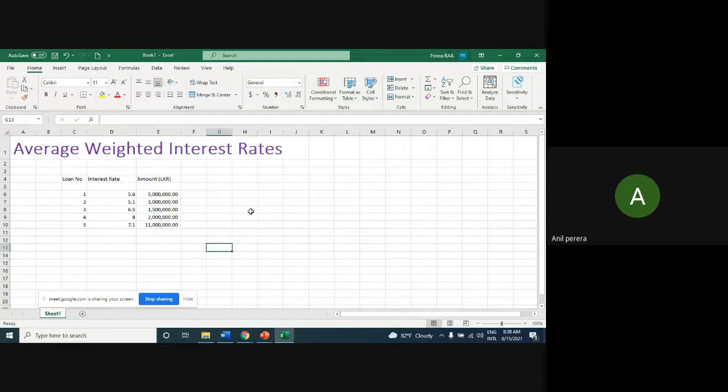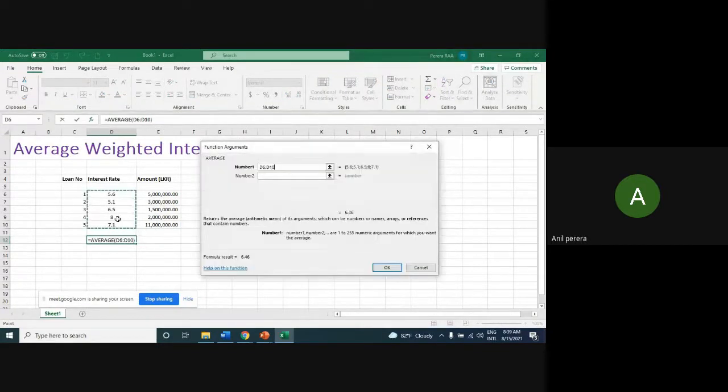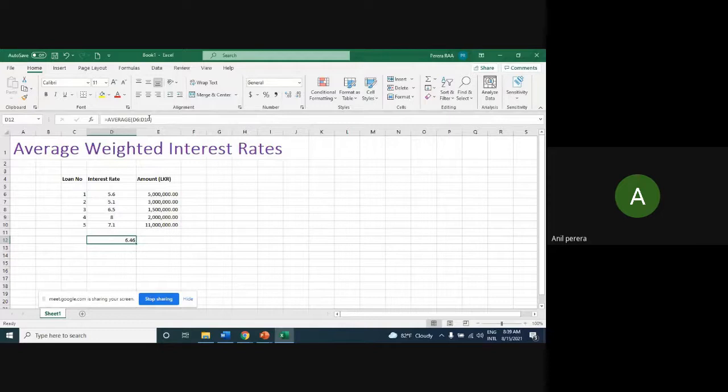Now, if you want to calculate the average of these interest rates, what you normally do is you simply take the simple average, isn't it? So in the Excel, you can simply take the average of these interest rates. What you get is not the weighted average rate.